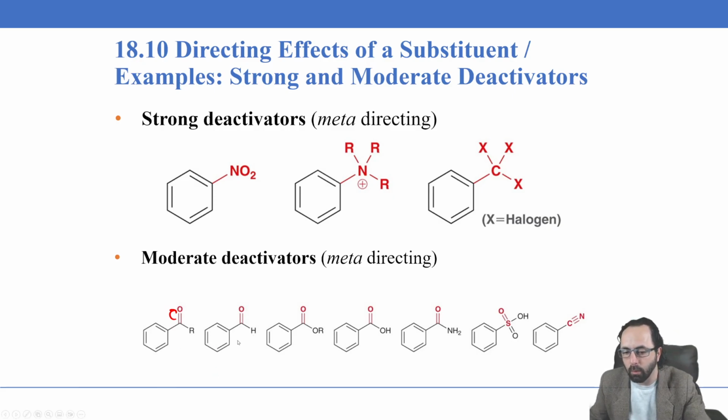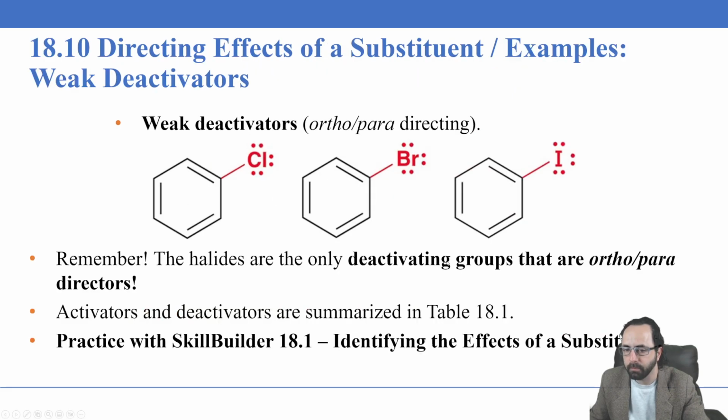And so this is going to be true for all these carbonyl groups. Any carbonyl that is benzyl is going to be deactivating. Also, these sulfonyl groups and cyanide groups will also be deactivating in the same way, and they will be meta-directing as well, for the same reasons as with the nitro group.